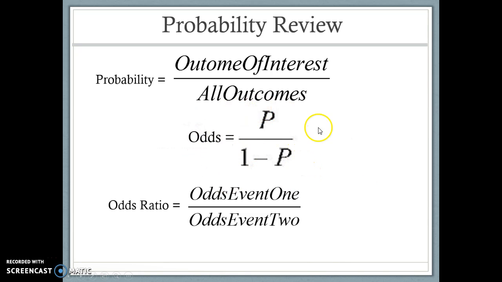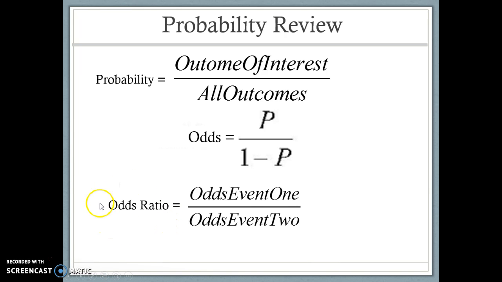So we have the odds, which gives us the relative probabilities, the probability of something happening over the probability of it not happening, all the other options. Probability of somebody being in the first year of college over the probability of them being in their second, third, or fourth year, however you want to work that.